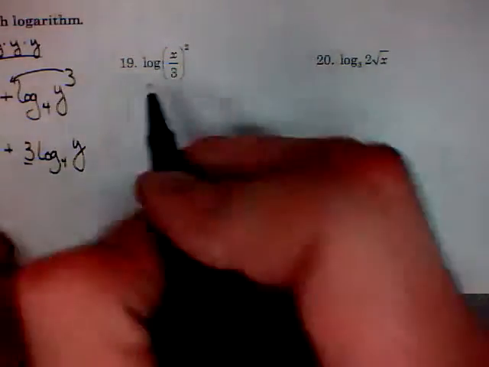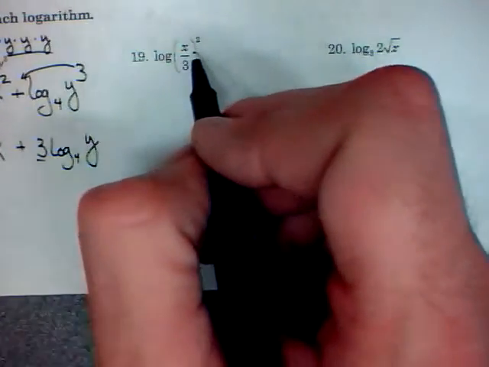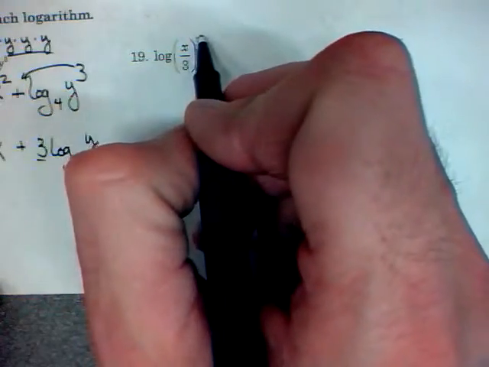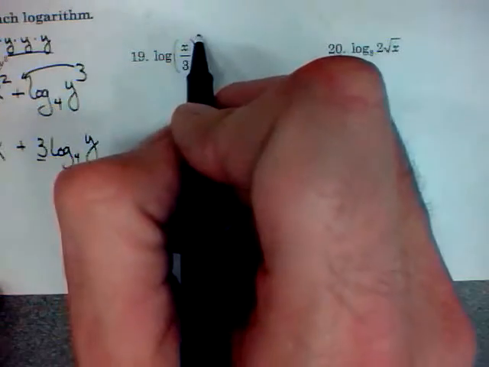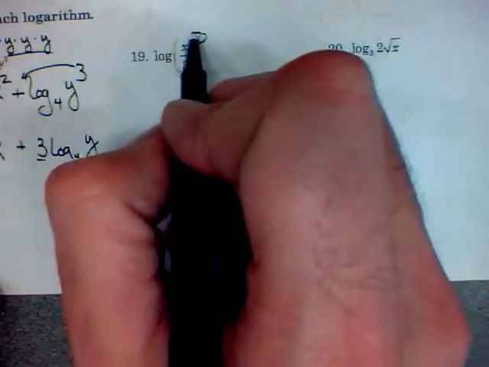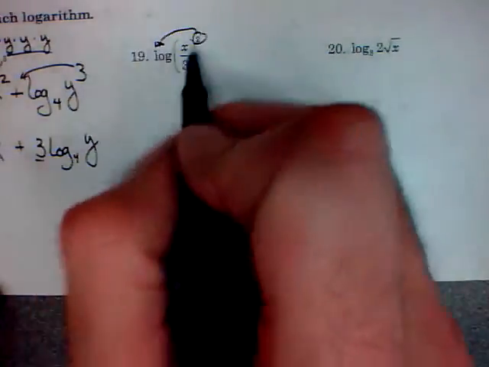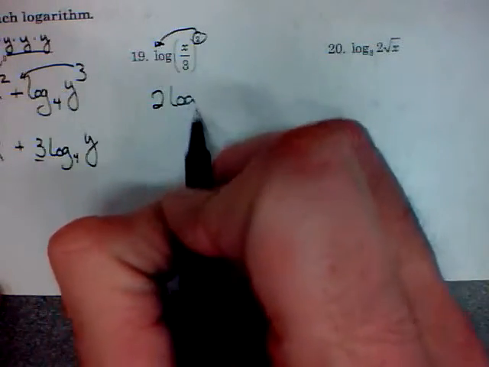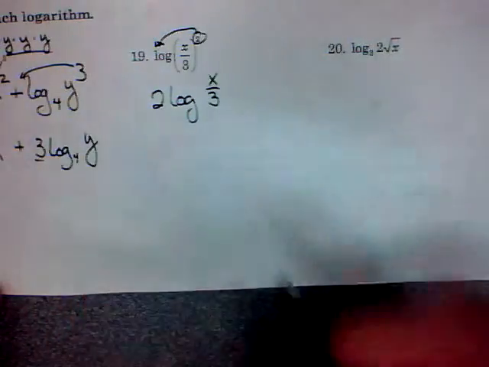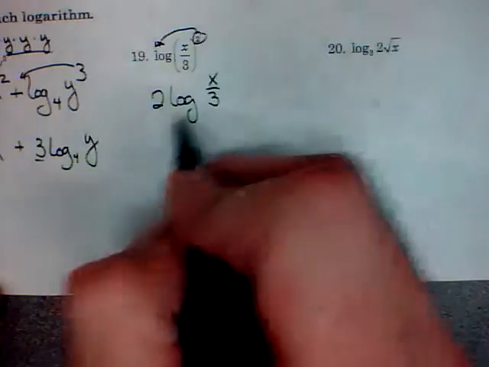19, here we have a couple different ways to do this. Probably either we bring the 2 out in front, or we could just distribute this to both. So if we bring it out in front, this is 2 log of x over 3. And then you have your option here.